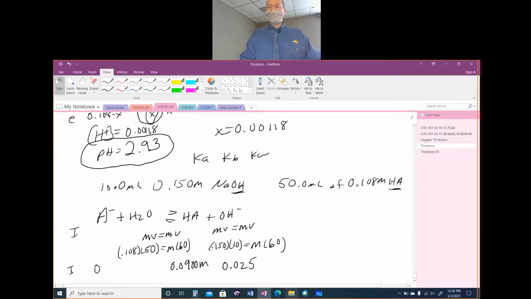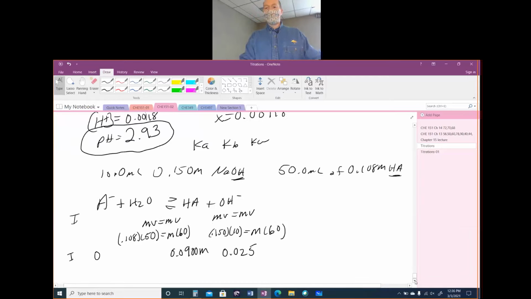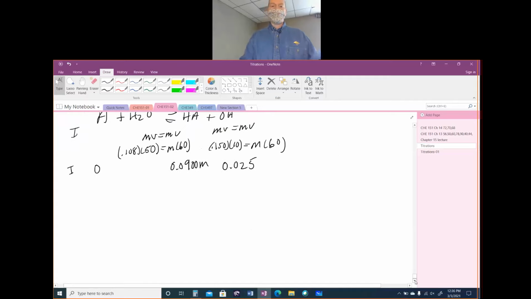So again, anytime you write Ka, Kb, Kw, something on the right must be 0. If you have two non-zero numbers on the right, they will react until one of them is 0. And so the smaller number is the one that's going to go to 0. So 0.025 is the smaller number.